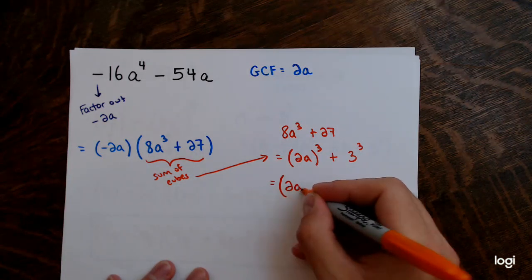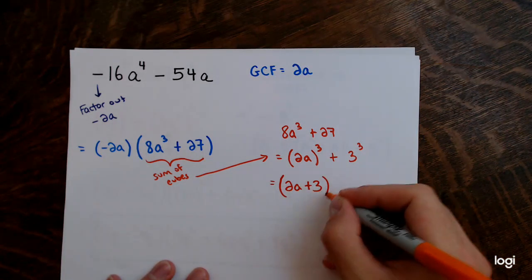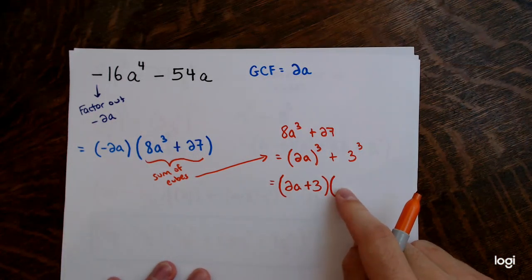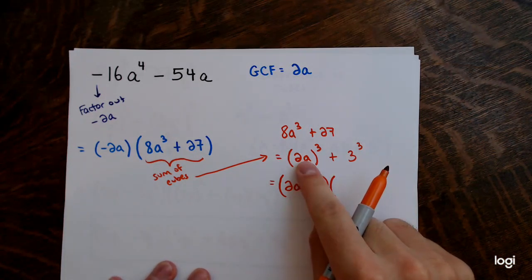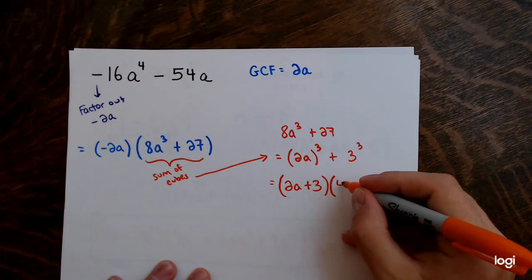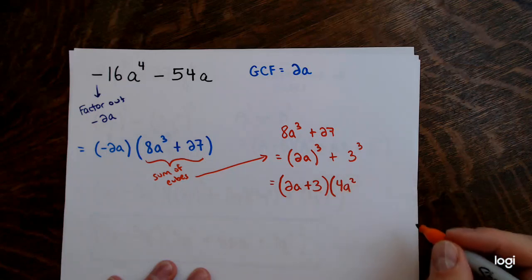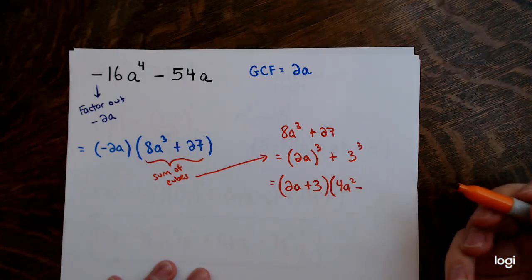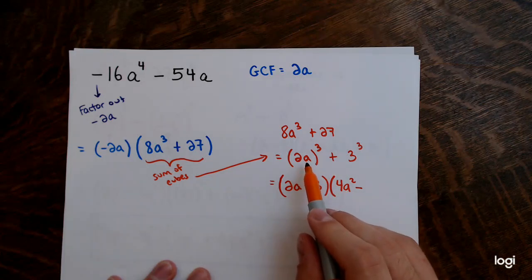So 2a plus 3 multiplied by, and then the first term in this next factor would be 2a squared, right? So 2a times 2a, that'd be 4a squared.